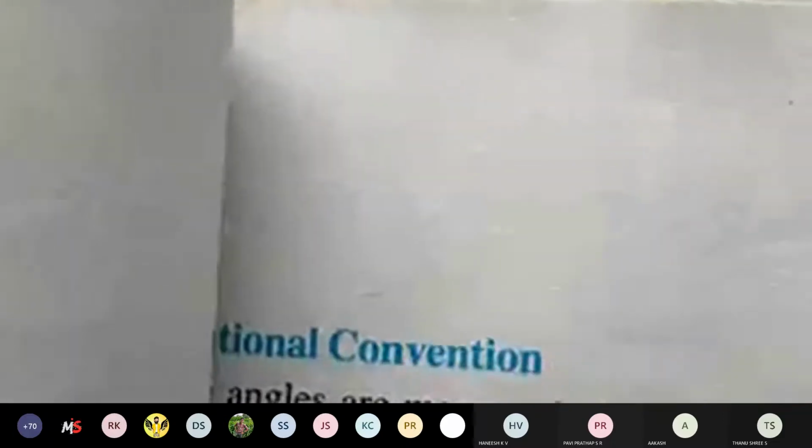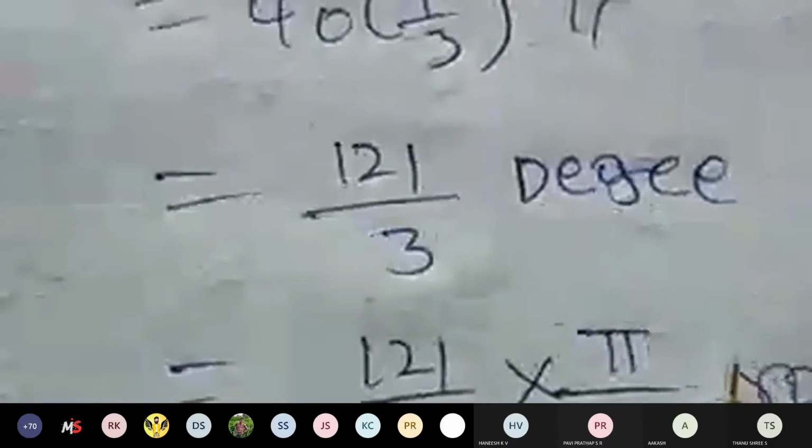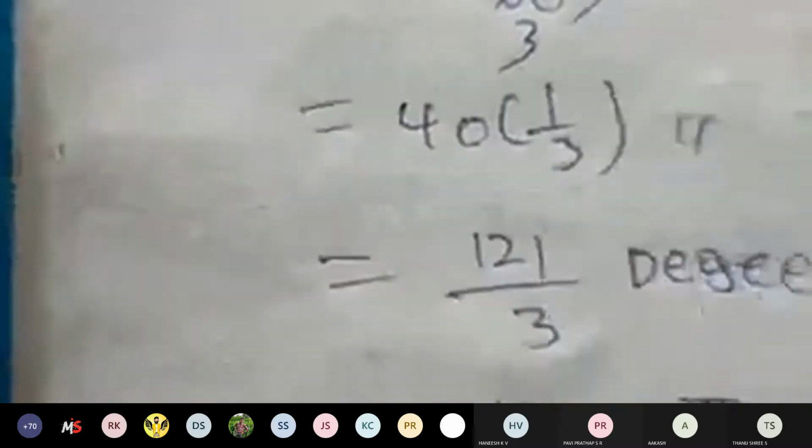It is asking to convert to radians. The radians formula you already know, I gave it yesterday. What is the radians formula? Pi by 180 into degree measurement. So pi by 180 into degrees.